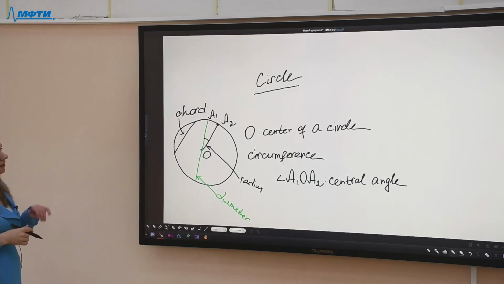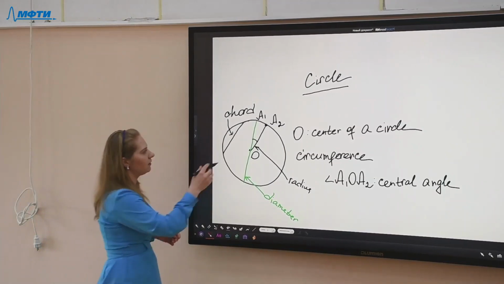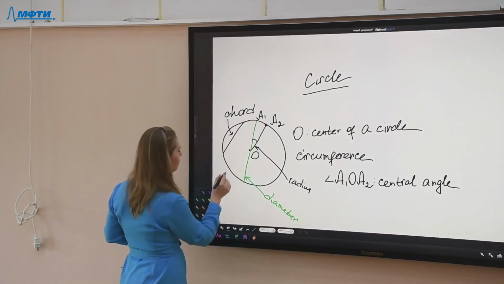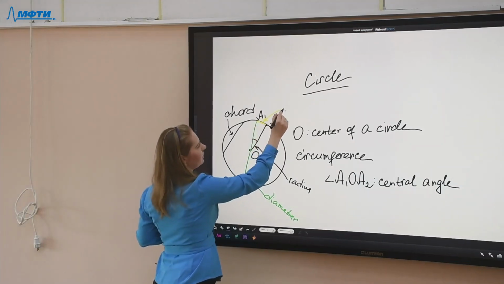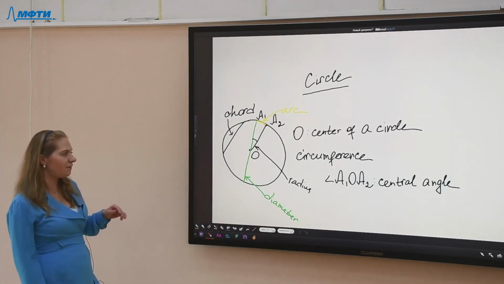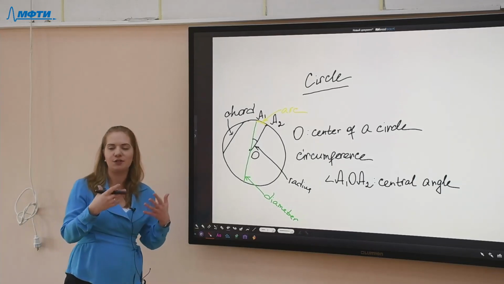What else? If we take a continuous part of the circle, this continuous part is called an arc. For example, this A1A here is an arc of a circle. And if we divide a circle into two equal parts, we will have two equal arcs.